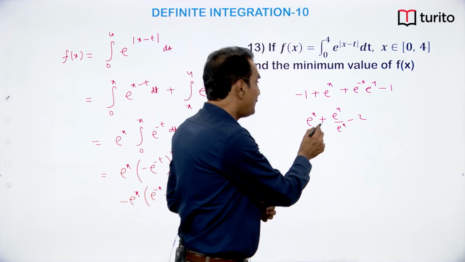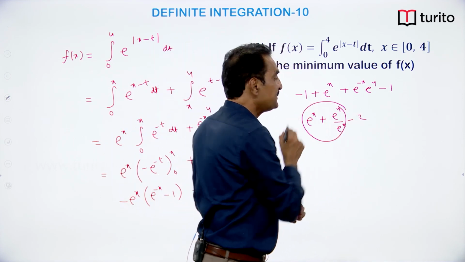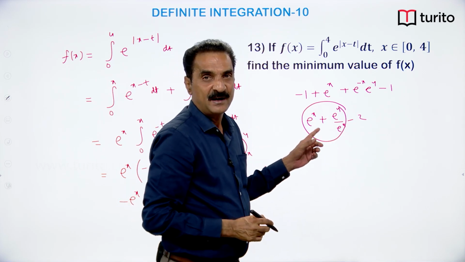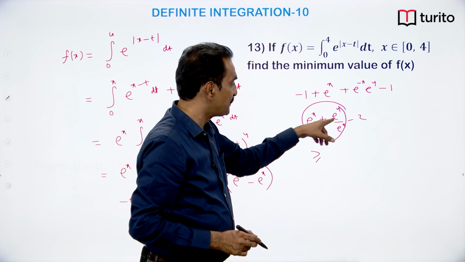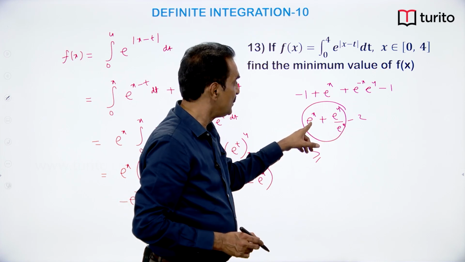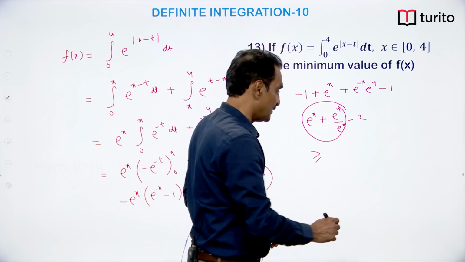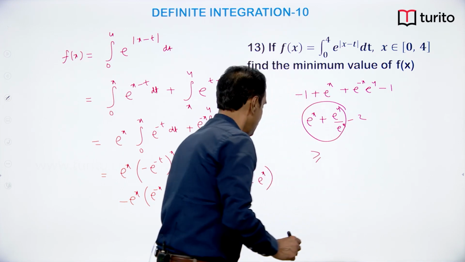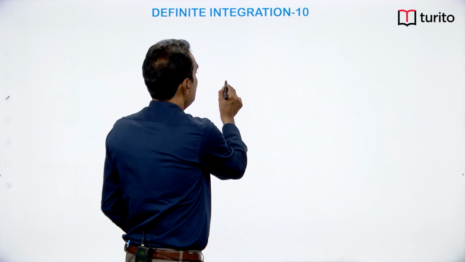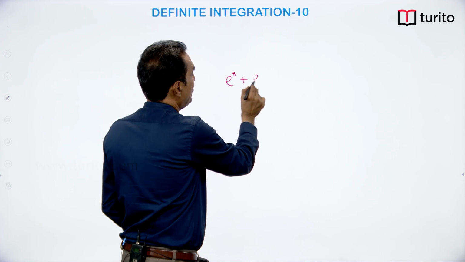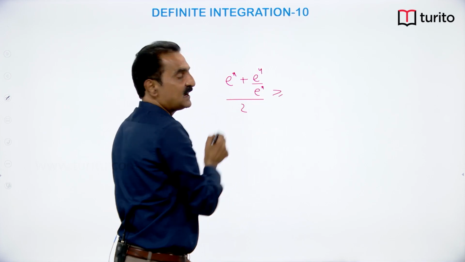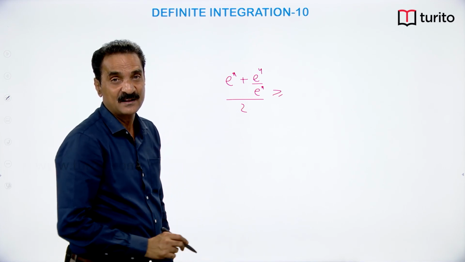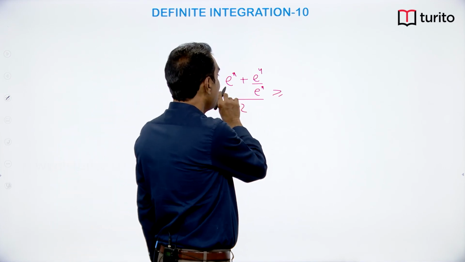Now you can get the minimum value of this by the AM-GM relation. The product is constant, no? So this plus this by 2. If you solve on the next page, e power x plus e power 4 by e power x, by 2 is greater than or equal to, arithmetic mean is greater than or equal to the geometric mean. What is the geometric mean?